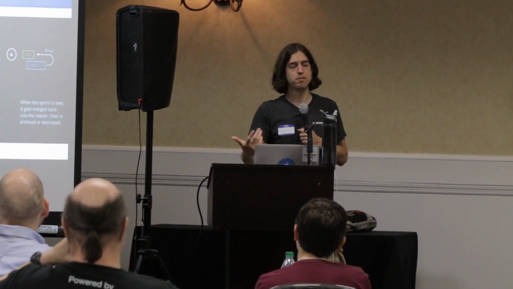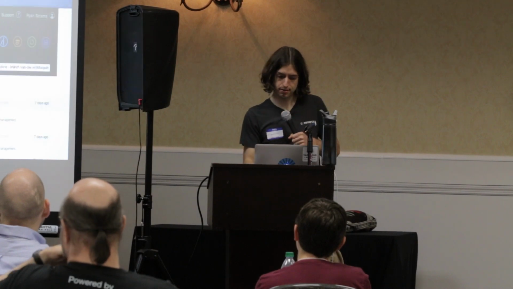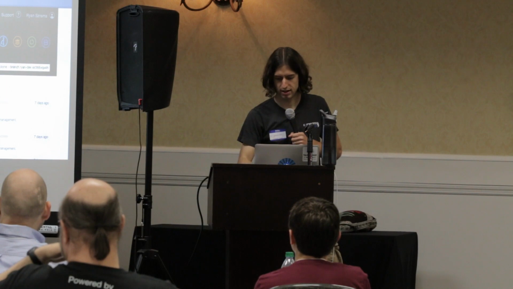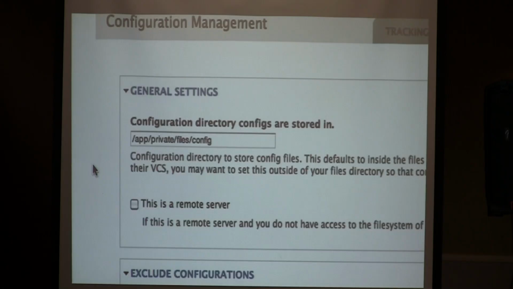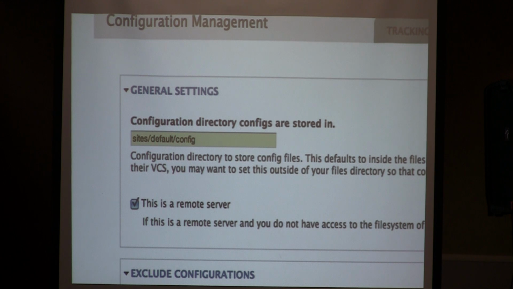And that's where I put my config directory, so that after I have done the whole platform thing and pushed commits upstream, if we look at my config directory here: downstream, I wrote out to the private file system so that I could then export them and commit them to code. Well, in the upstream environment, I'm still going to be using the site's default config directory as the directory my configurations are stored in.